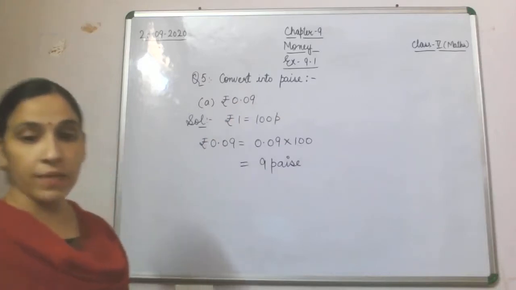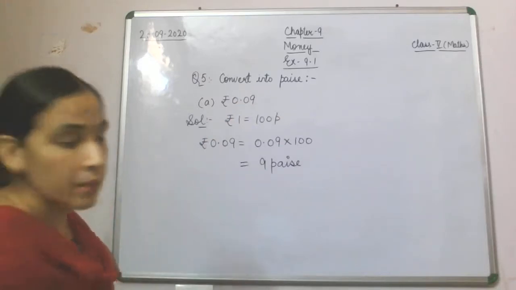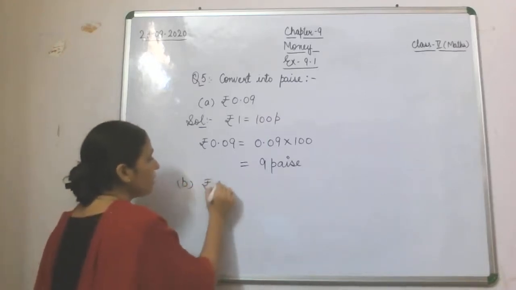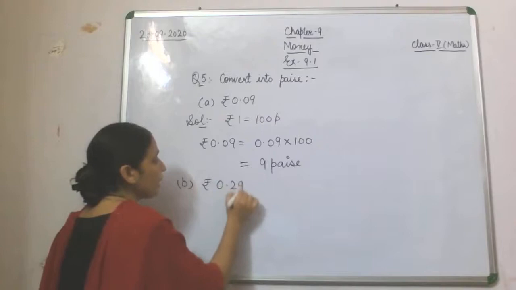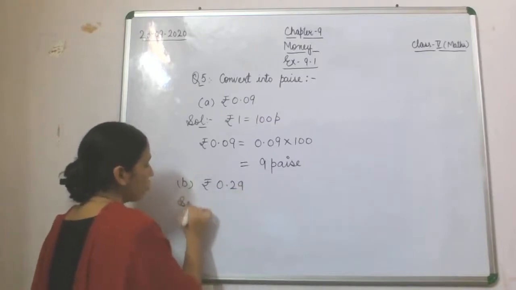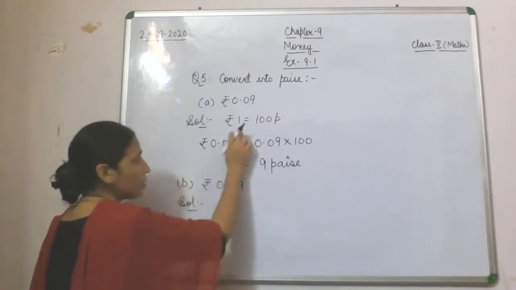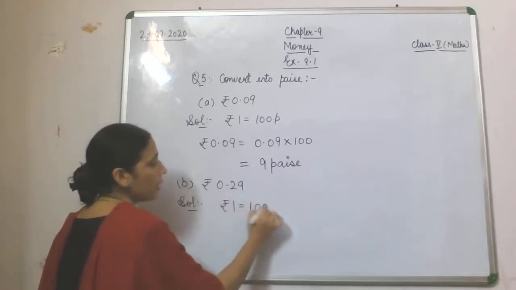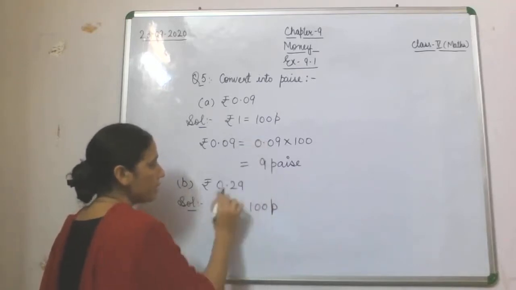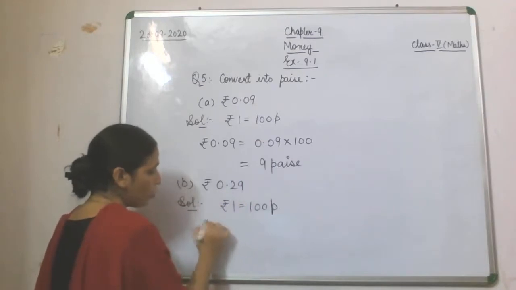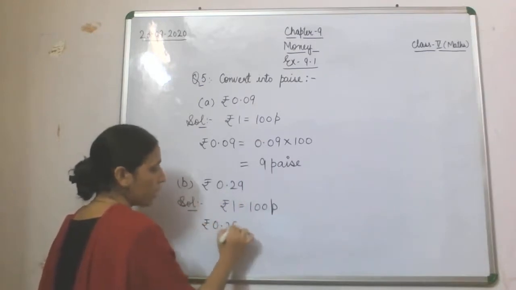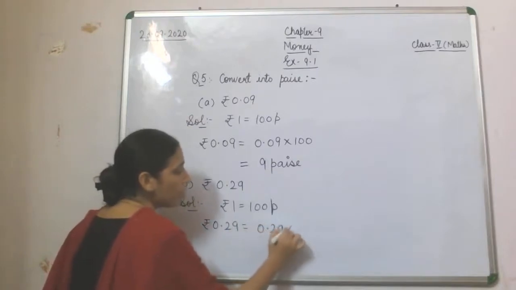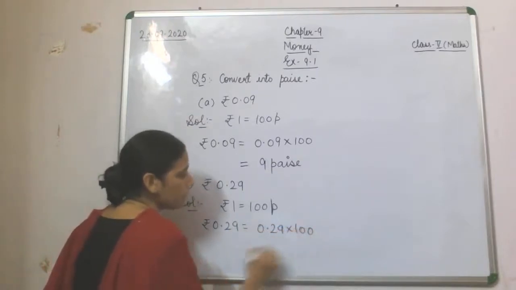So let's see one more example. B part, that is rupee 0.29. Again we'll write the solution. The relation we will write the same, rupee 1 is equal to 100 paise. It means whatever rupee will be given to you, that will be multiplied by 100. So 0.29 will be multiplied by 100.